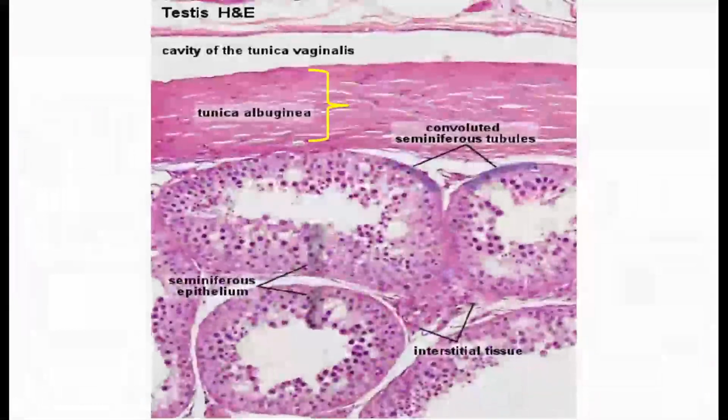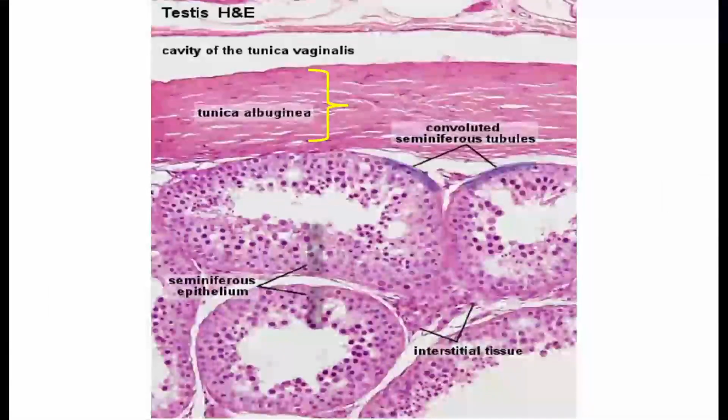What is this section? This is a section of the testis, a closer look at the seminiferous tubules, but at the periphery of the testis, because we can see this outer layer, which is called tunica albuginea.